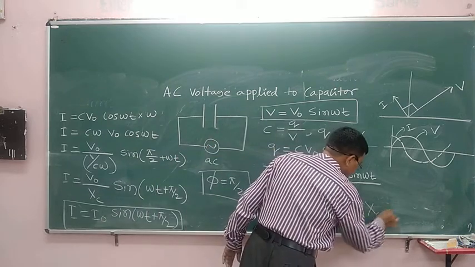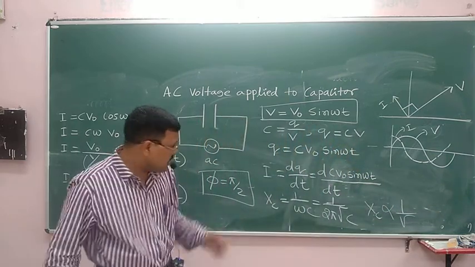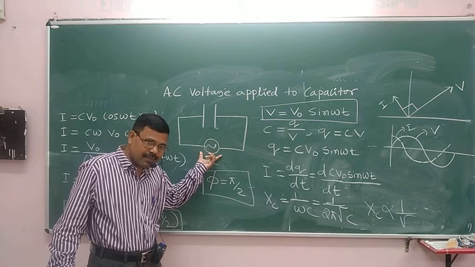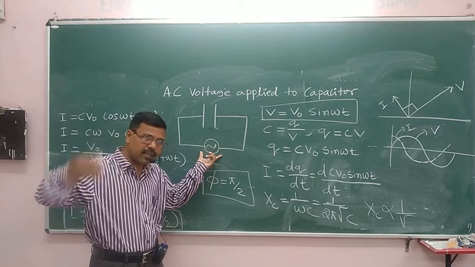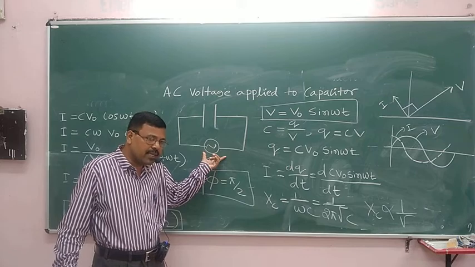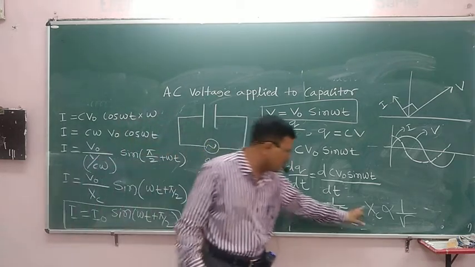As the frequency of the applied AC increases, from 0 Hertz to 20, 30, 40, 50, 100,000, the capacitive reactance decreases because they are inversely proportional.